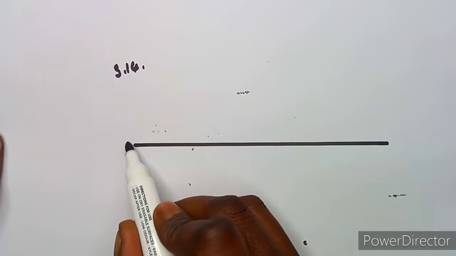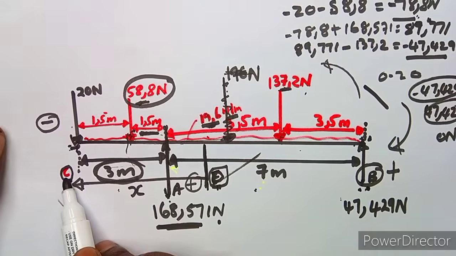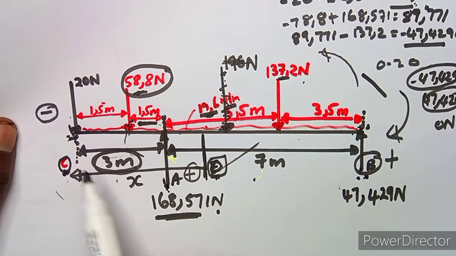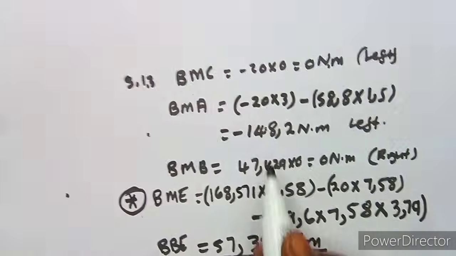All right, so this is it, guys. We shall definitely have to start at 0 there, which is Newton meter, and this is happening at minus 20 there. We have got the bending moment at C, which is at 0, this one. Then we move on to the bending moment at A, but there's a distributed load for us to go to that bending moment at A, which is negative.